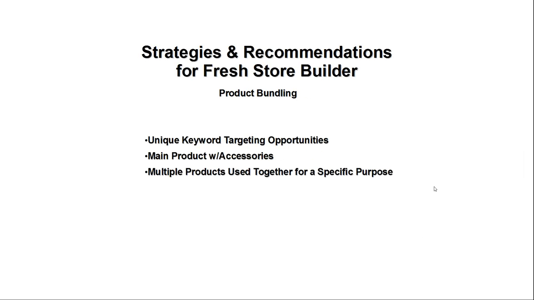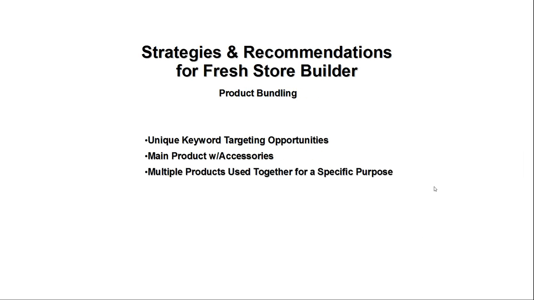Now, the final thing that I want to talk about with Fresh Store Builder, before I get on to talking about my 11-part training series that I've created for Fresh Store Builder, this final thing is product bundling.